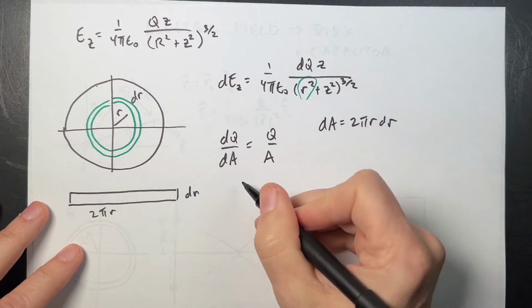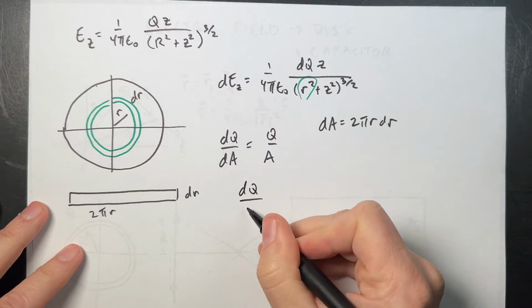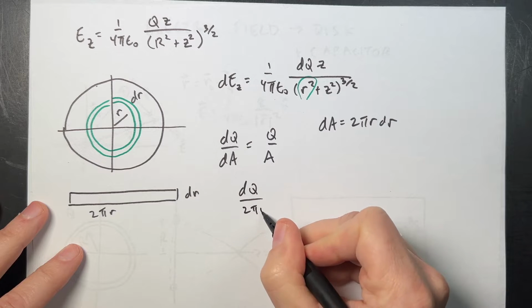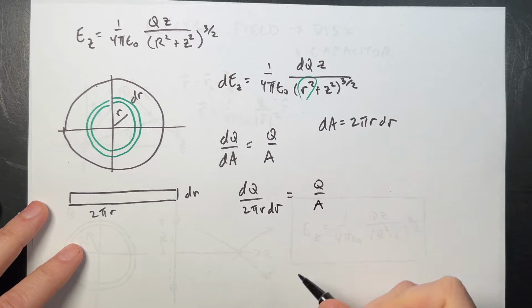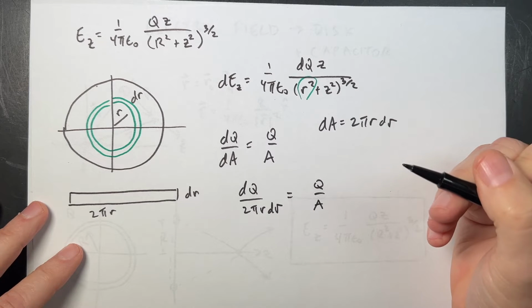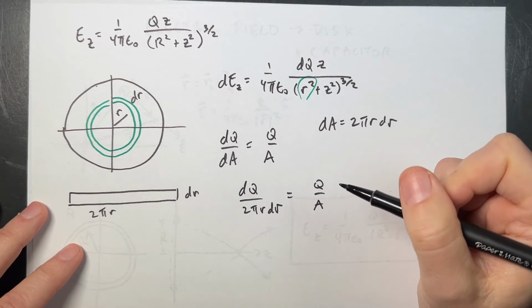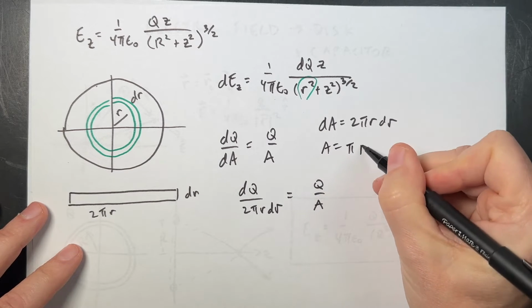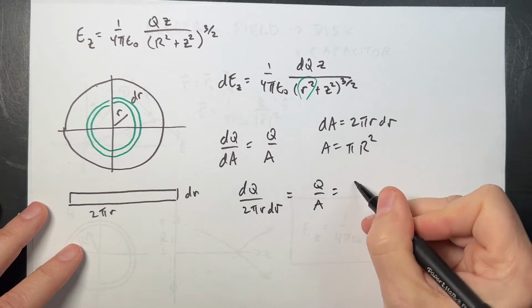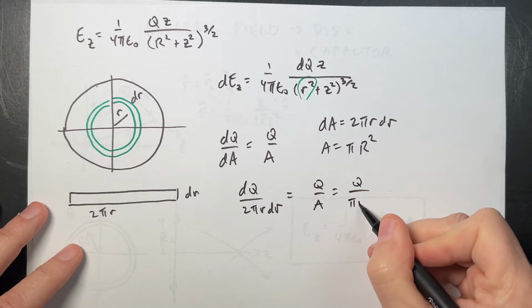So now I can put all this together. dq over dA, which is 2 pi r dr, equals q over A. And A is just a constant. I'm going to leave it as A for right now. I guess not. A is pi r squared. So it's going to be q over pi r squared.